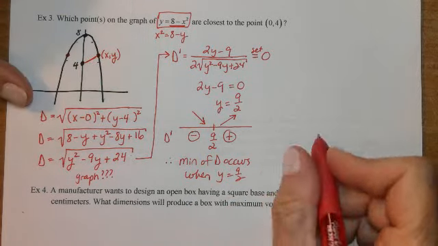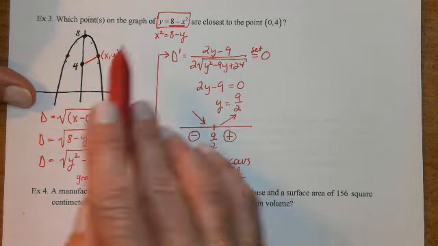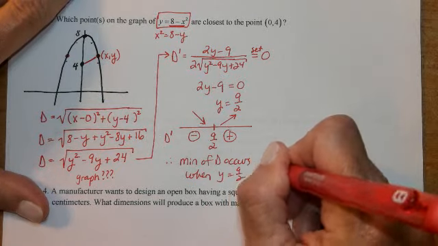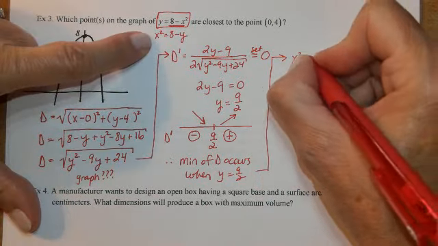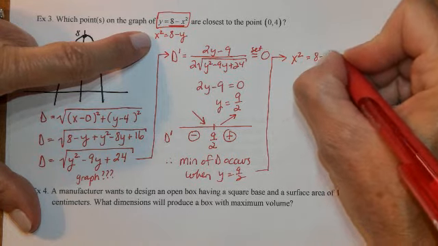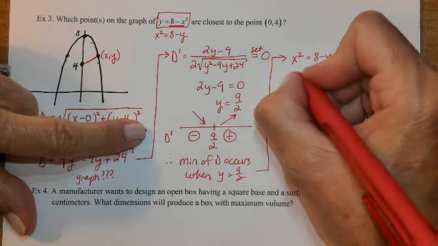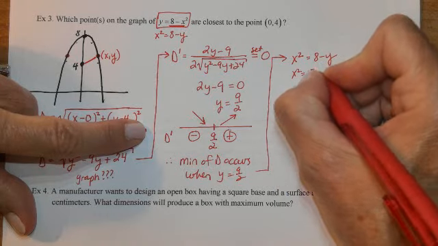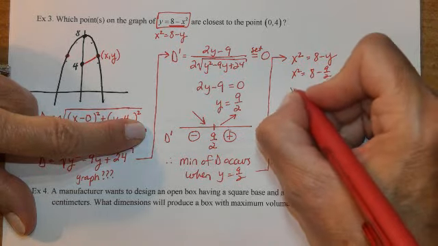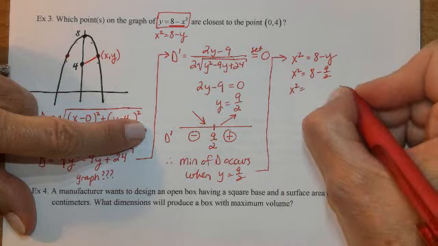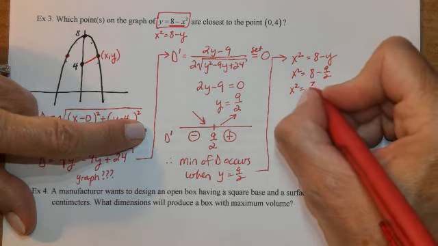So all we have to do is answer the question, which points on the graph? So we still have to find the x coordinate, right? x squared was equal to 8 minus y. We're going to put 9/2 in for y. So x squared is equal to 8 minus 9/2. x squared is equal to 16 halves minus 9 halves, which is 7 halves.